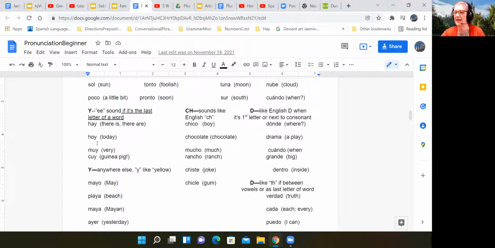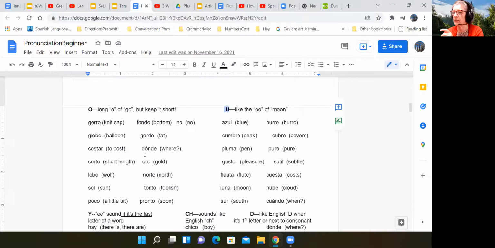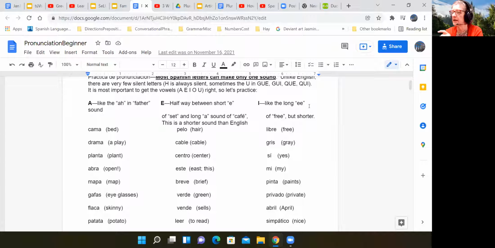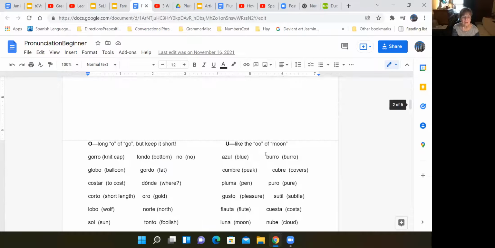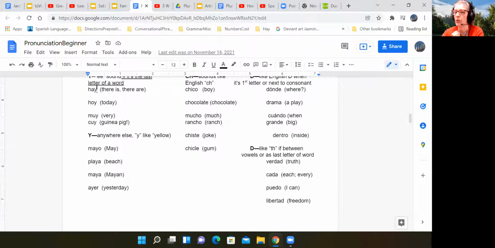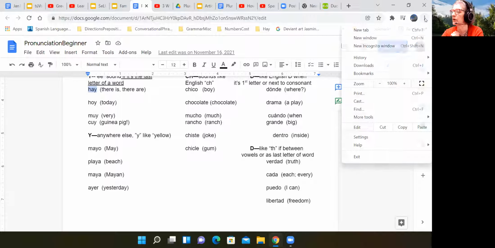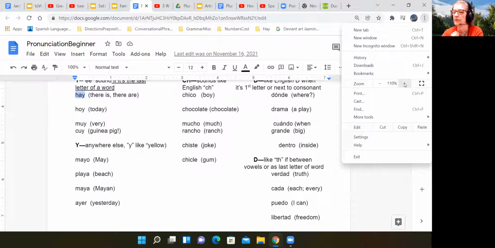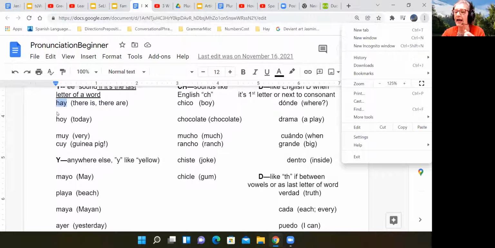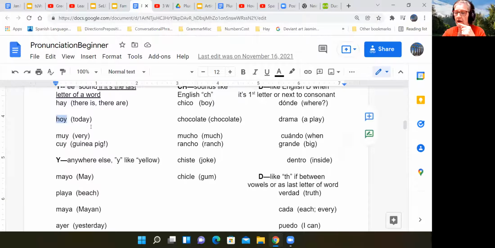I do want you to pronounce with me on these examples. If the Y hangs off the end of the word, if it's the very last letter of a word, the Y will sound exactly like E. So here's the word I. Notice we're ignoring the H. Here's another hanging off the end: hoy.